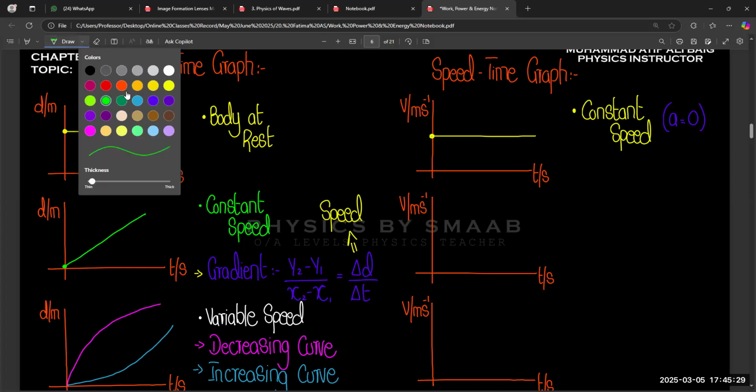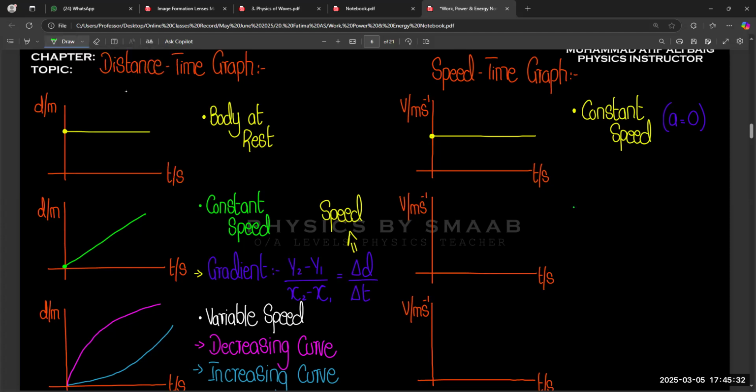The next idea is about constant acceleration. Constant acceleration means equal change in velocity with equal intervals of time. So again, both quantities are directly proportional, both quantities are changing equally.